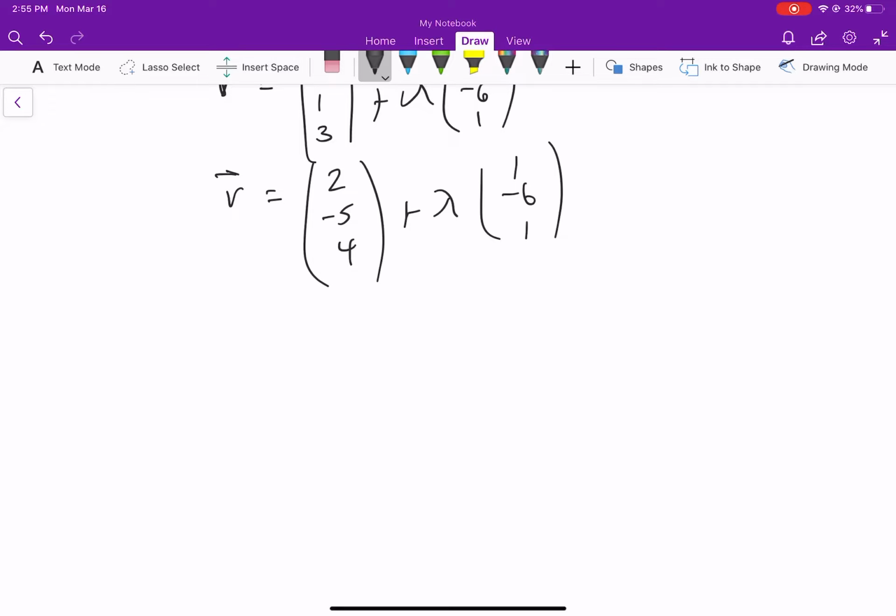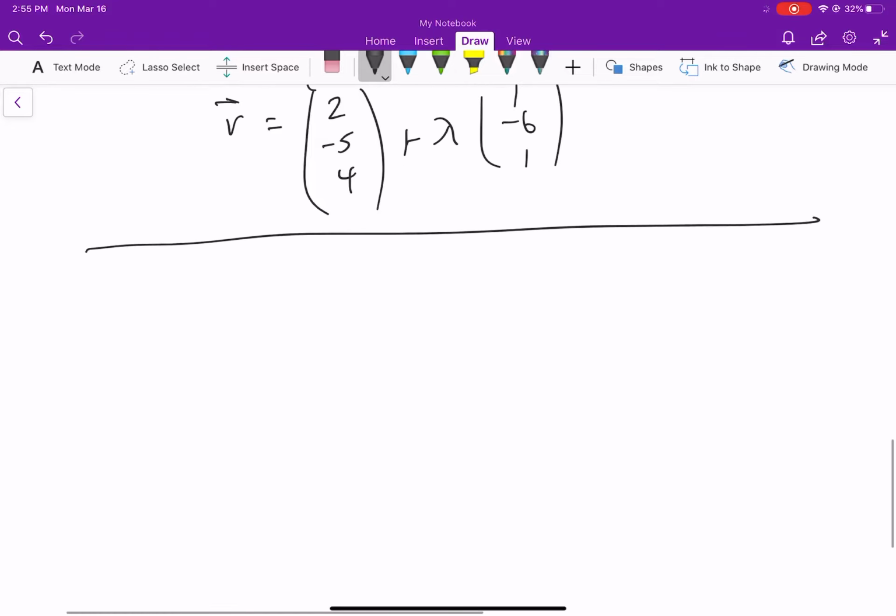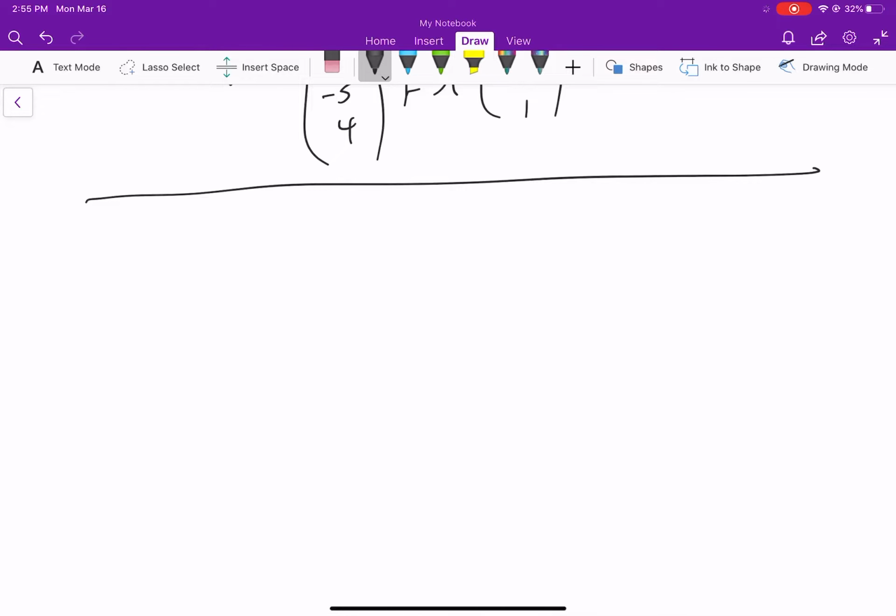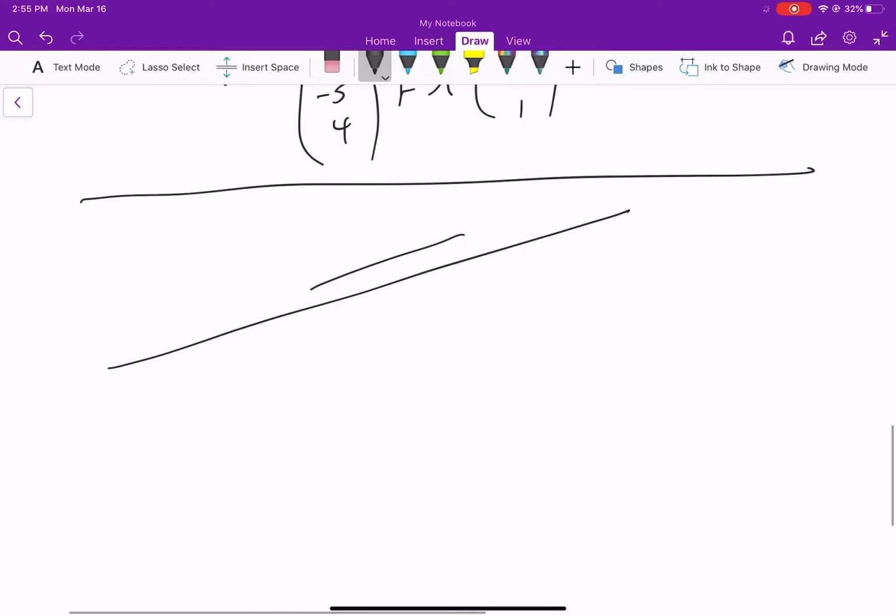Couple important points. If you look at the vector equation of a line, let's draw the line here again. The vector equation of the line is given as r is equal to a plus lambda b.